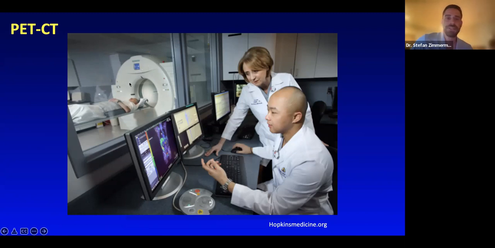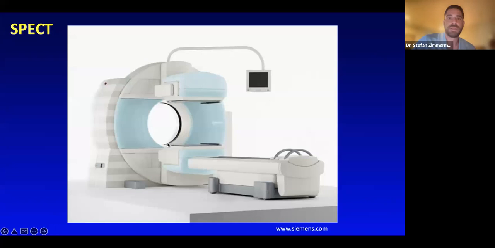So a PET CT is basically this round donut, and built inside of the wall of the donut are two things. There's a CT scanner, as well as cameras that pick up the radioactivity, the radioactive information from the radio tracers that you're given that are in your heart. And so you get pictures like this and the ones we just showed.